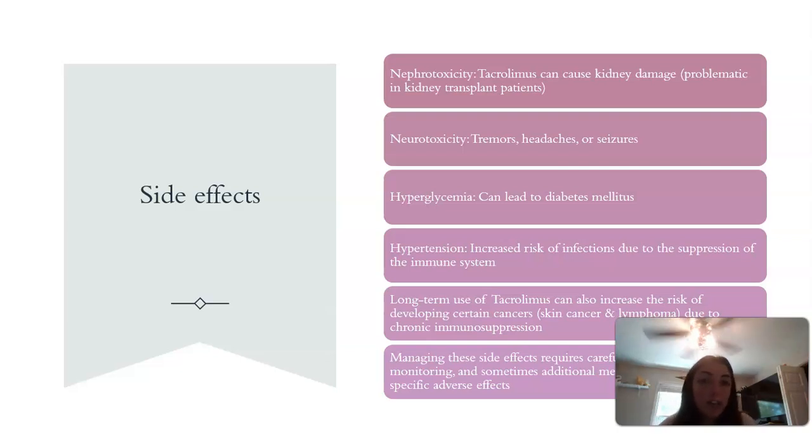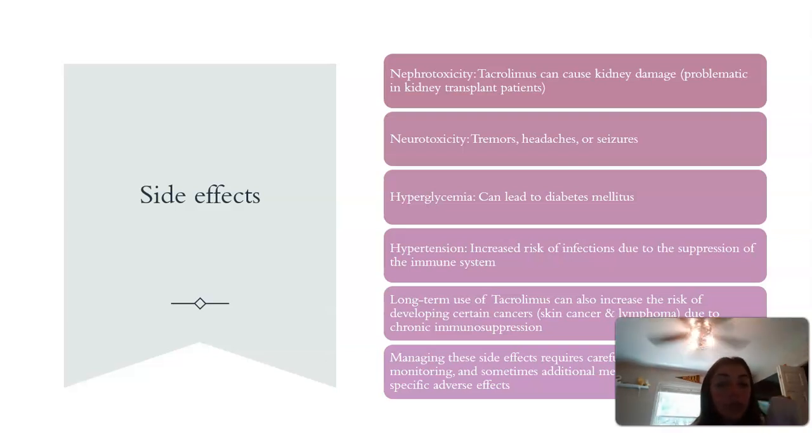There are some side effects as well. Nephrotoxicity can occur, which is kidney damage, which is very problematic in kidney transplant patients. Neurotoxicity as well, which can be seen as tremors, headaches, or seizures. Hyperglycemia, which can lead to diabetes mellitus, and hypertension, as well as the increased risk of infections due to the suppression of the immune system.